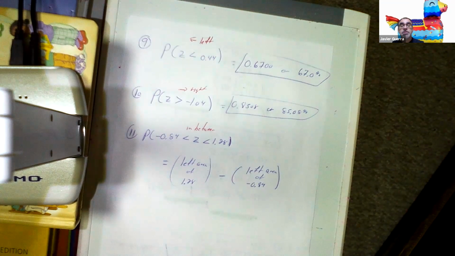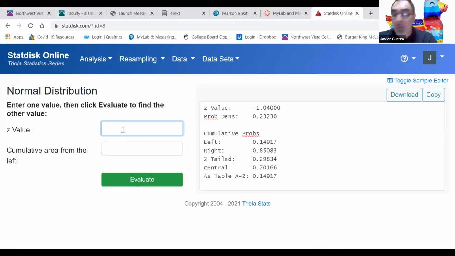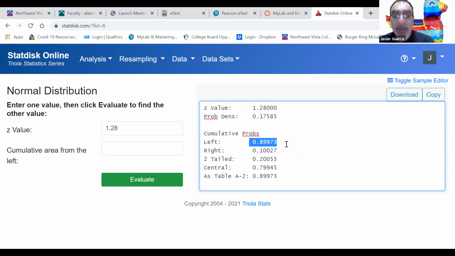Okay, so now let's go to StatDisk. This is how you do it. All right, sorry. 1.28, left. 0.8997. There you go. 0.8997 is the left area of 1.28. Minus.